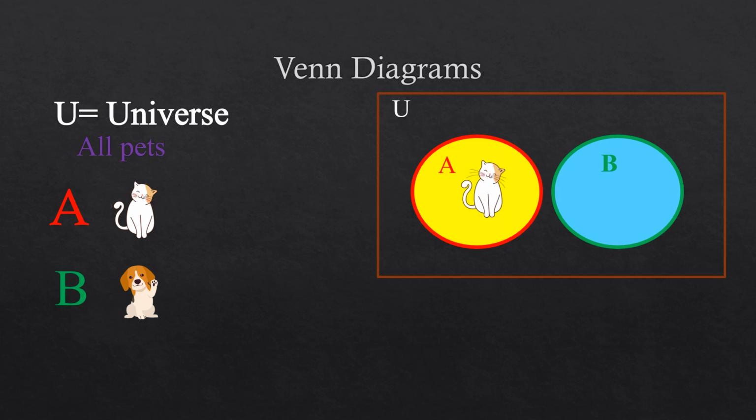So you can put your cats in one and your dogs in the other. Okay, so this is a very simple Venn diagram. Now, let's talk about some operations that we can do with these Venn diagrams and sets.